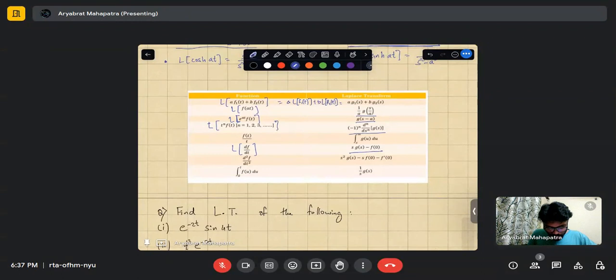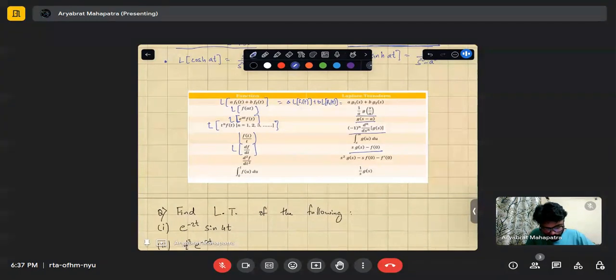For the one which we are trying to solve, 1 minus exponential of t by t, you can see that you can get from this the part f of t by t, because t is divided in the denominator.